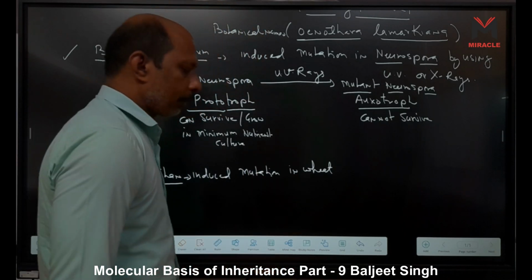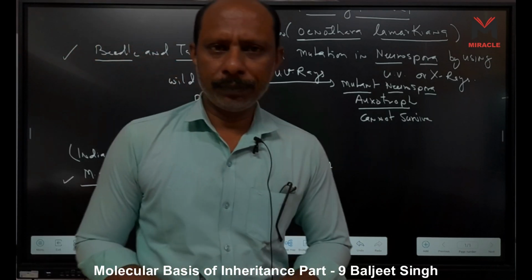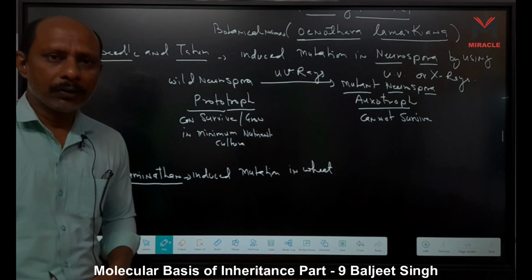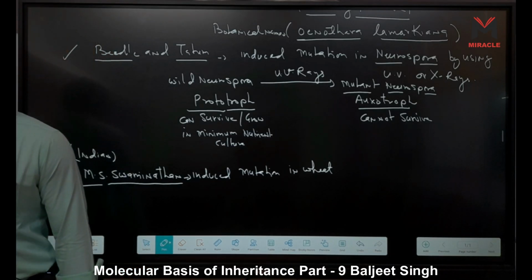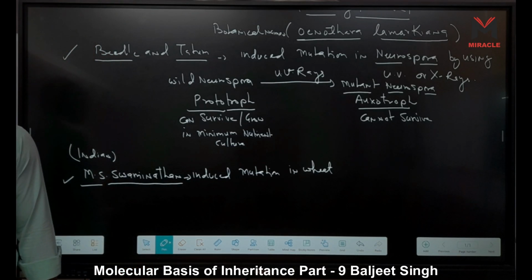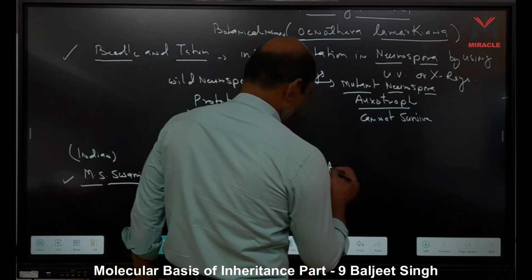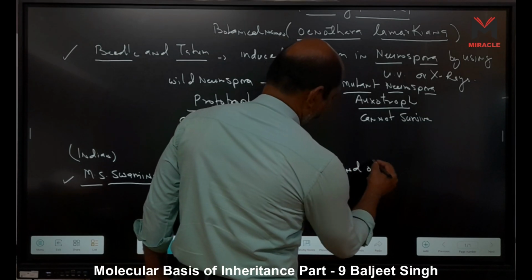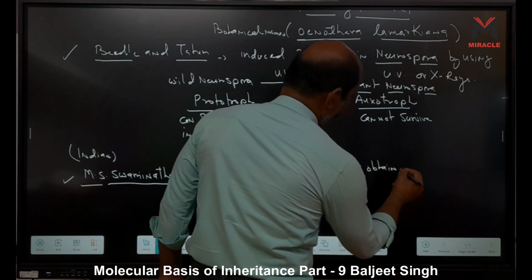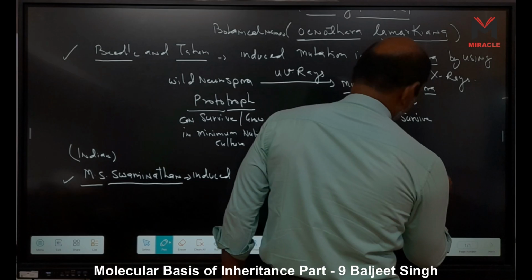In wheat, he obtained different varieties after mutation. Which varieties did he obtain here? Sharbati, Sonora, right? He produced different varieties.